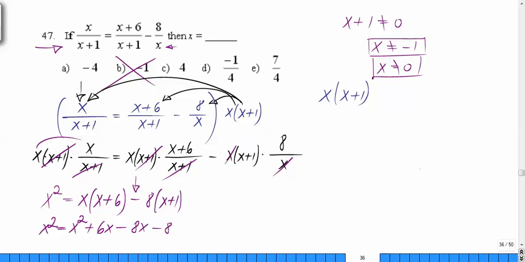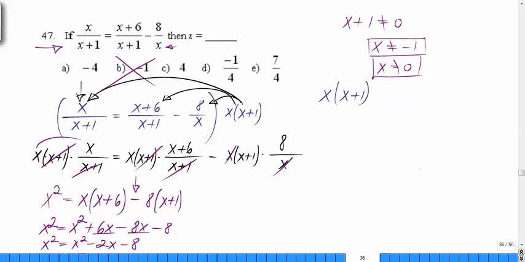There's a negative sign outside. Make sure not to lose it, or just consider that you're actually multiplying by negative 8 everything that's inside this binomial. Now, combining like terms, I have x squared equals x squared plus 6x minus 8x, which will be negative 2x, minus 8.